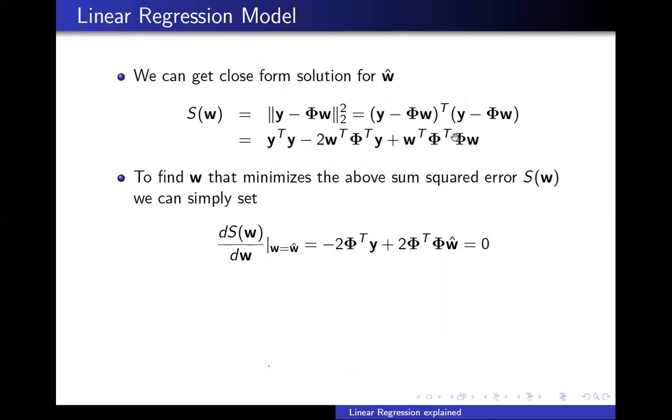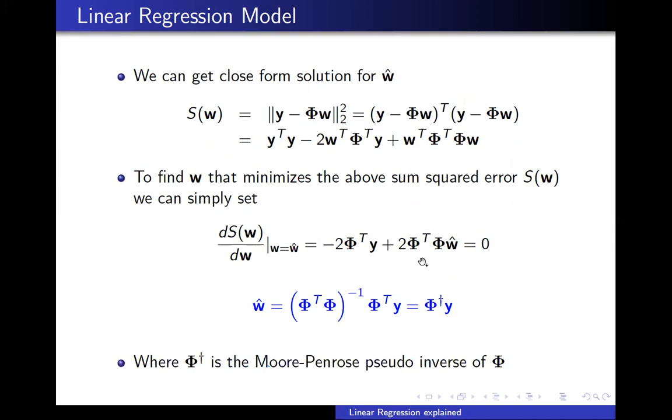The last term is the quadratic term; taking the derivative with respect to W gives 2 times phi transpose phi W hat, which equals 0. Here you are taking the derivative with respect to W and setting W to W hat. If you change sides and take the inverse, you get the solution W hat equals the inverse of phi transpose phi, times phi transpose y.